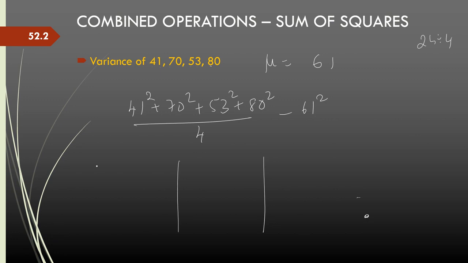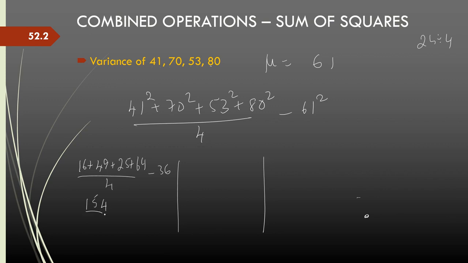Let us calculate. The leftmost part is the sum of the squares of the first digits divided by 4, minus the square of 6. So, that is 16 plus 49 plus 25 plus 64, by 4, minus 36, which is the square of 6. Now 16, 65, 90, 154.